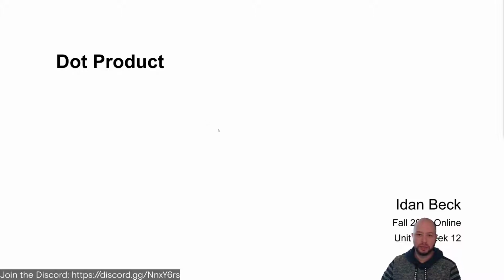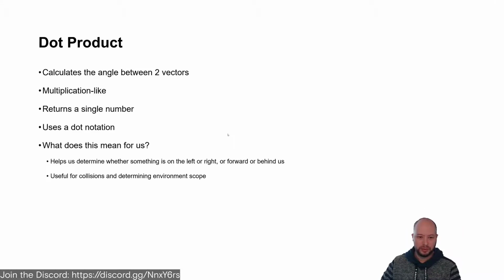Let's review it, but you probably already know a lot of this stuff. So the dot product, one of its capabilities is to determine the angle between two vectors. It looks like a product, but it is an element-wise product, and it returns a single value.